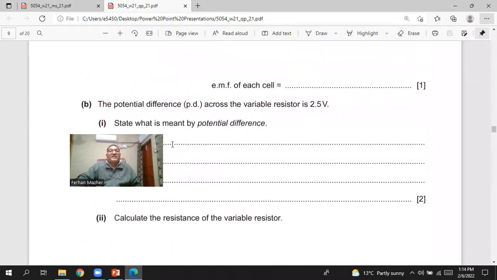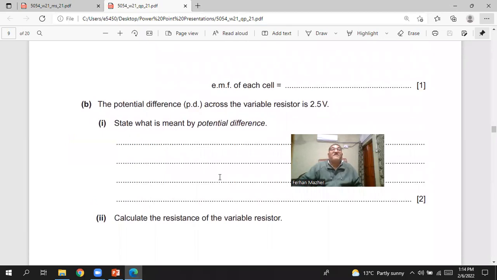It says the potential difference across the variable resistor is 2.5 volt. State what is meant by the potential difference. You see, this is the definition of the potential difference. The potential difference is the electric energy converted into any other form of energy when a unit charge flows through the resistor.